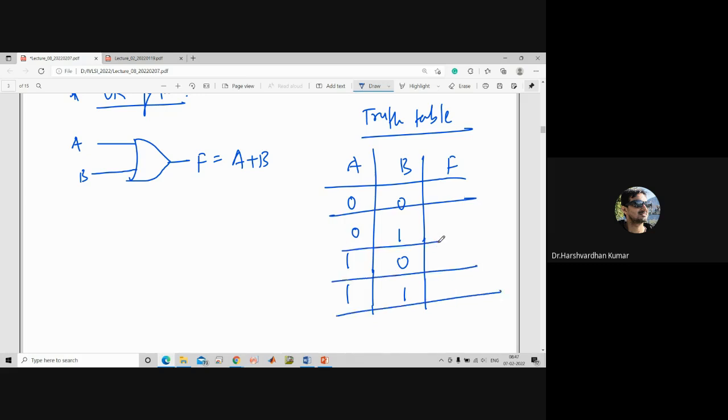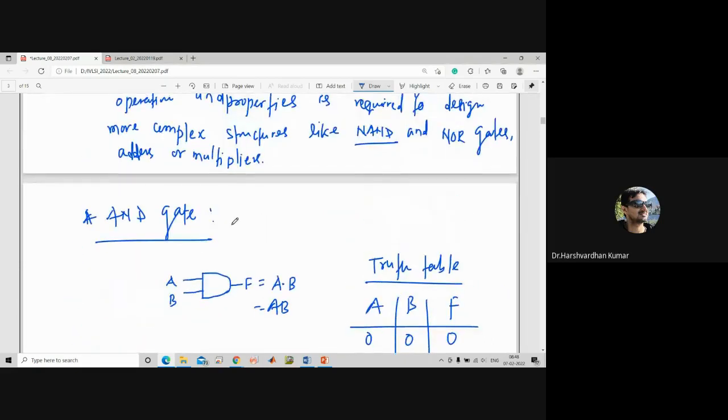The output for 0 0 is 0, for 0 1 is 1, for 1 0 is 1, and for 1 1 is 1. Right? So these are the basics of the OR gate and AND gate.